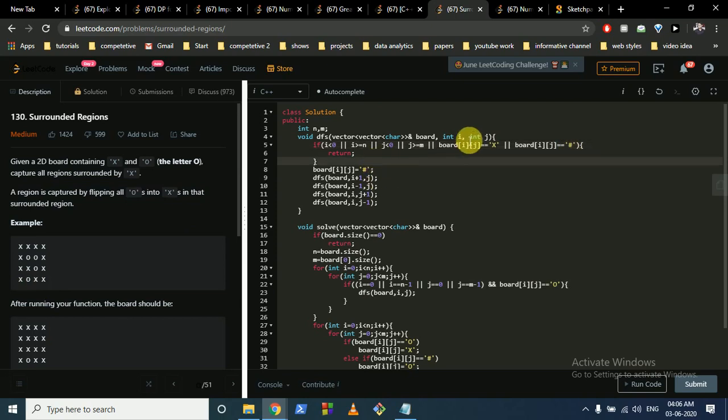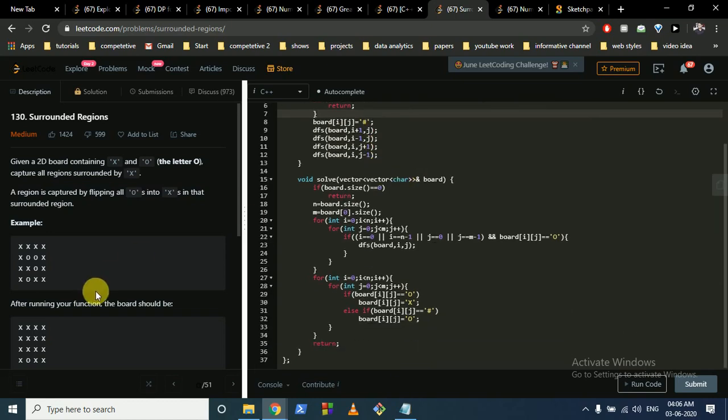Else what we will do is we will convert this 0 to hash and then run a DFS in all the 4 cardinal directions. After doing this DFS, every 0 which has any grid point on the boundary will convert to hash.